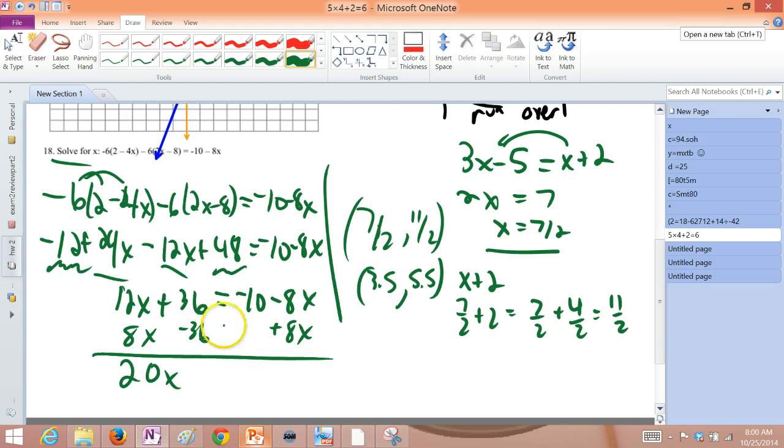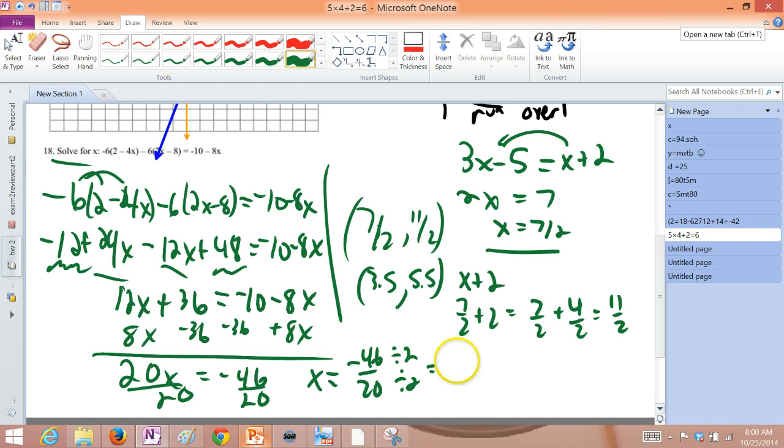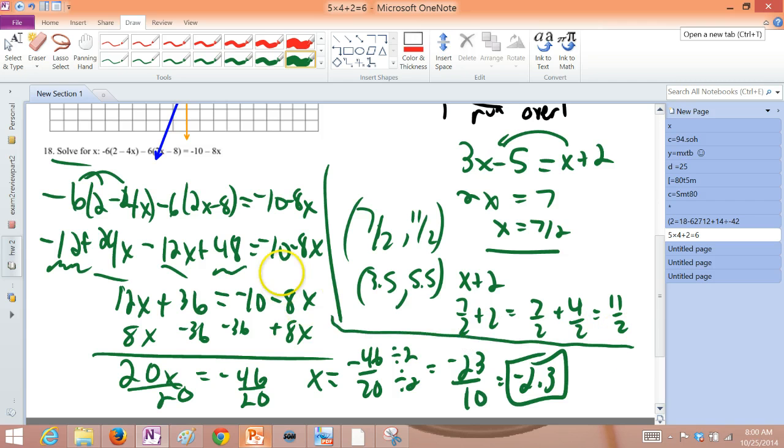Take away 36 from both sides, that gives you -46. Divide by 20. So x is -46 over 20, or recognizing that they are both even, we get -23 over 10, -2.3. That's the x value that would solve that equation.